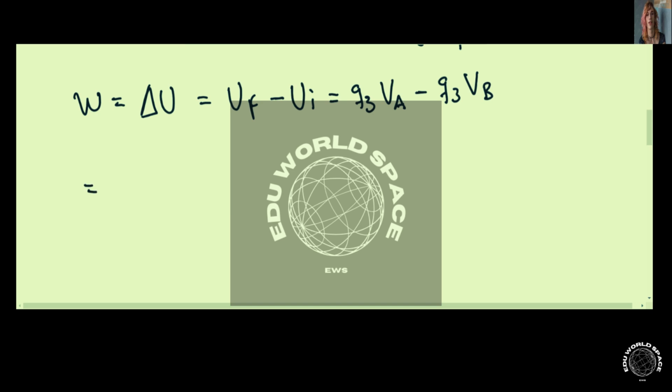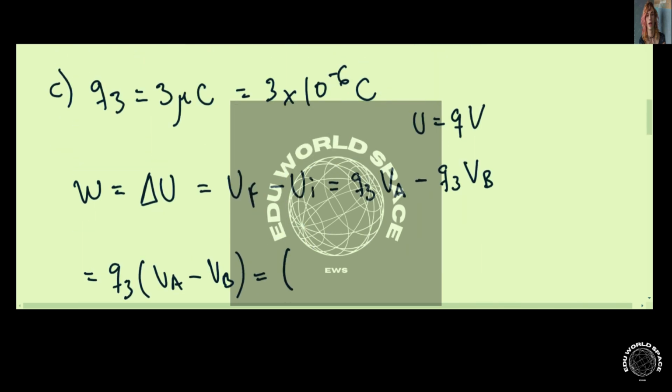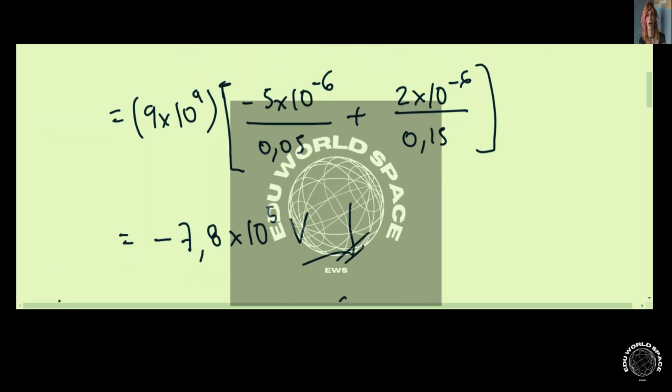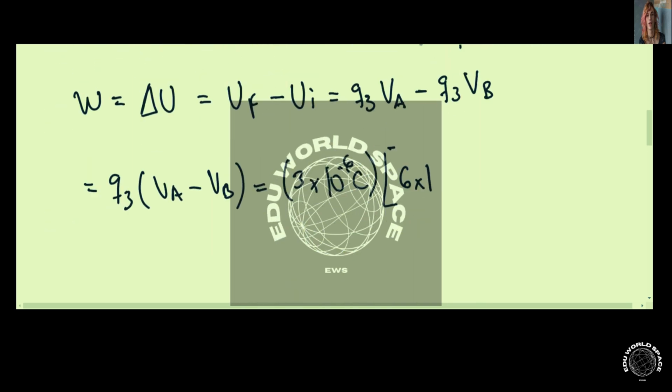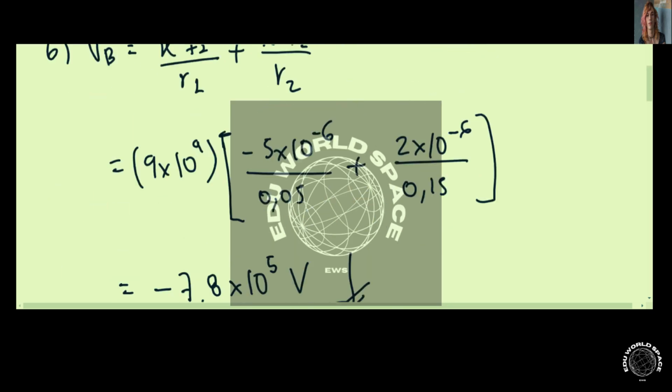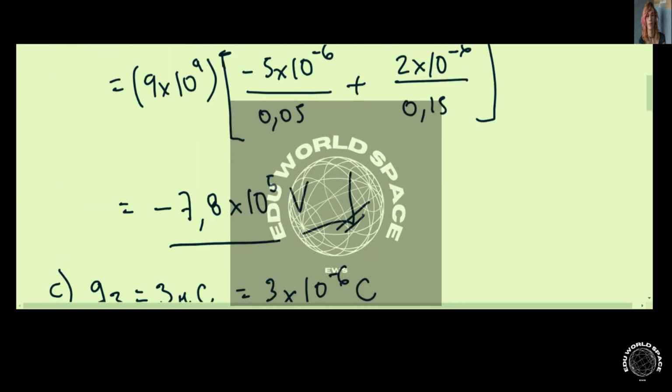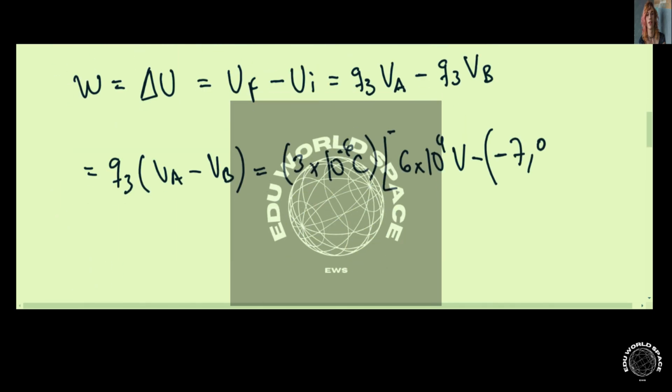So we just simply need to substitute all these values. We can factorize Q3, which has a value of 3 times 10 to the minus 6 coulombs, times 6 times 10 to the 4 volts minus, because we obtained that for point B the potential is negative, minus 7.8 times 10 to the 5 volts.